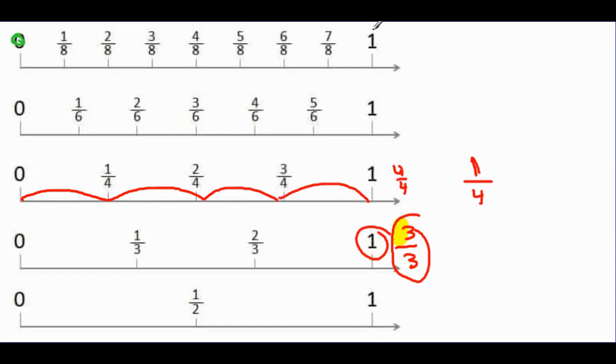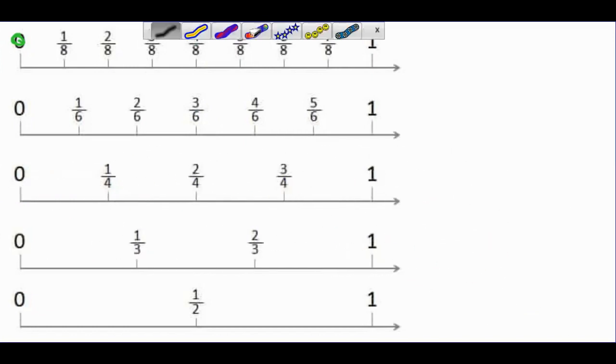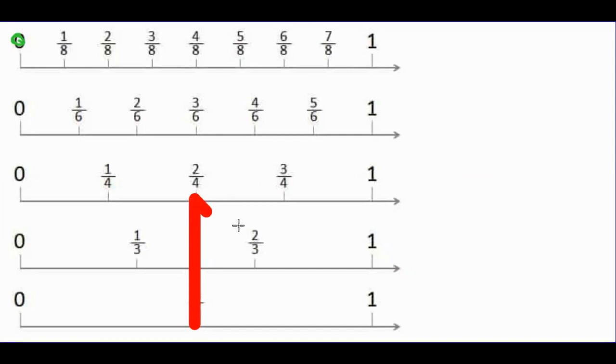But I want you to put in mind that if we compare, for example, 1/2 with this, it will be the same. They are opposite of each other, or they are on the same part of the number line.